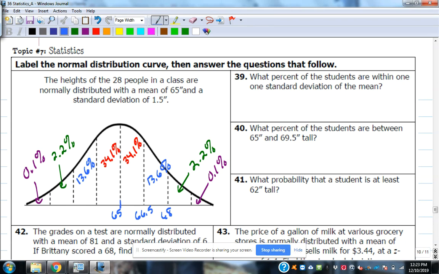Add 1.5 to that, 69.5. To go the other direction, instead of adding 1.5, we subtract it each way. So 63.5, 62, 60.5.